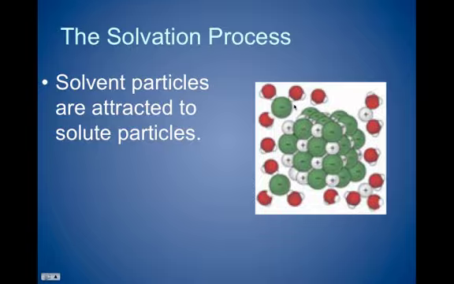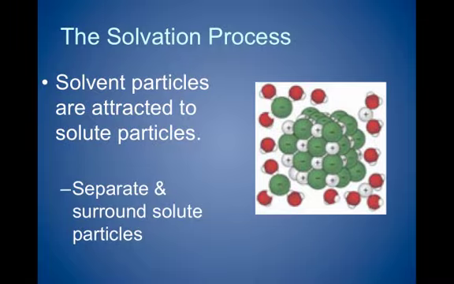So these attractions are disrupting the attraction of, say, this chlorine to the other sodiums around it. So it disrupts it and kind of captures it in a way and takes it away. That's the dissolving process. The solvent surrounds solute particles and then kind of carts them off.